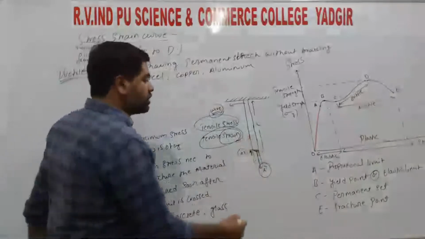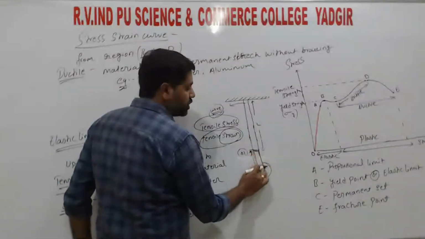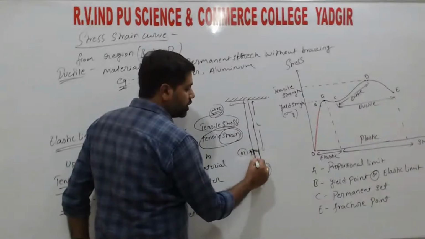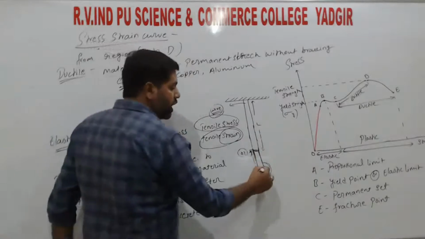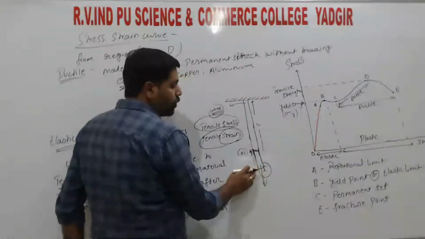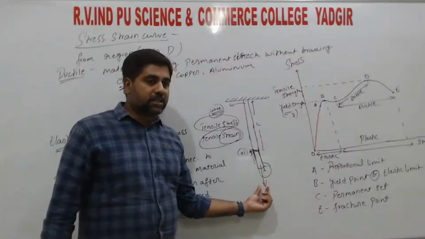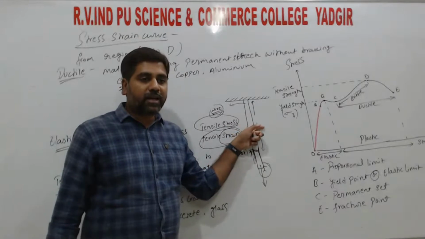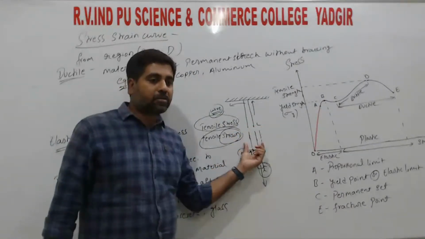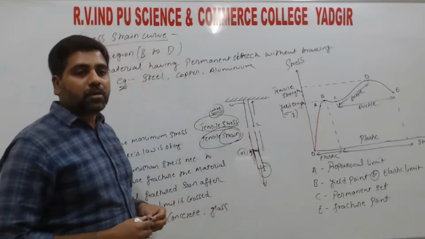That becomes the permanent length of the material, fixed at that length, right? So after the permanent set, if we apply the load, there is a drastic change in length and the material gets fractured. Material gets fractured means it gets cut. So that point we call the fracture point, right?